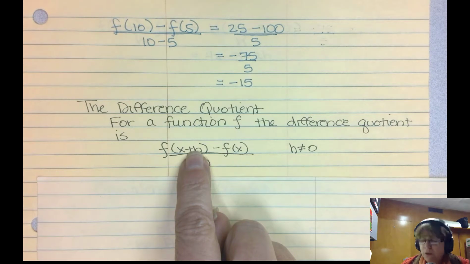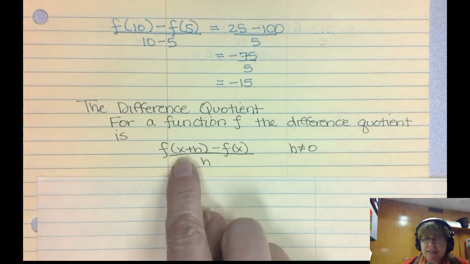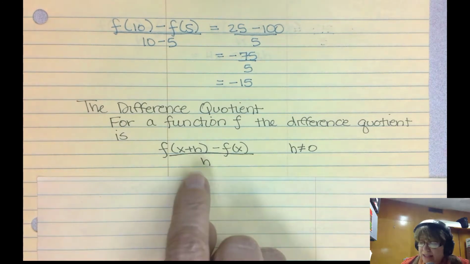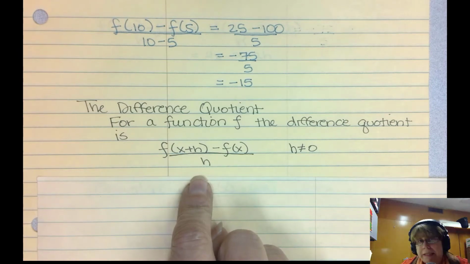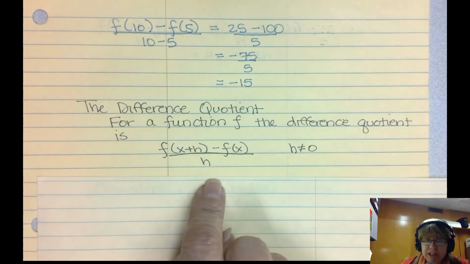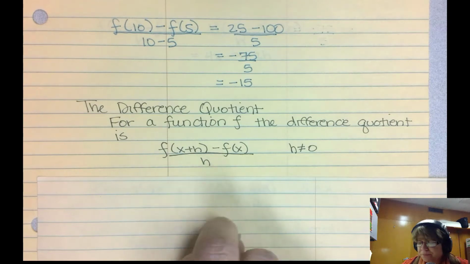If x is 3, maybe we're adding a half each time, so this is f of 3 and this is f of 3.5, and then your h down here is a half. With that said, we are really getting close to the fundamental theorem of calculus here. This is what you're really going to be looking at when we're talking about the fundamental theorem of calculus.